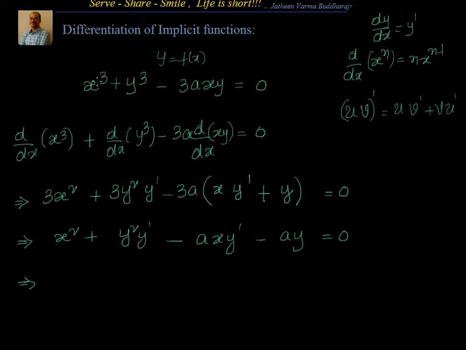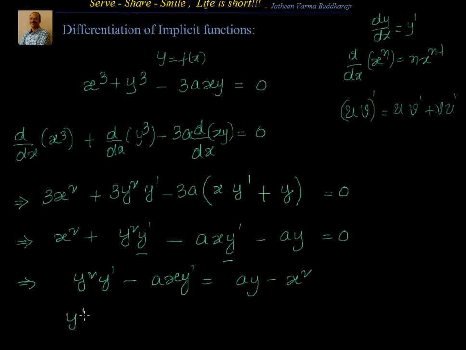Now the next step will be, we want to find out the dy by dx. So I will keep all the terms of dy by dx on one side. It will become y square y dash minus ax y dash is equal to ay minus x square.